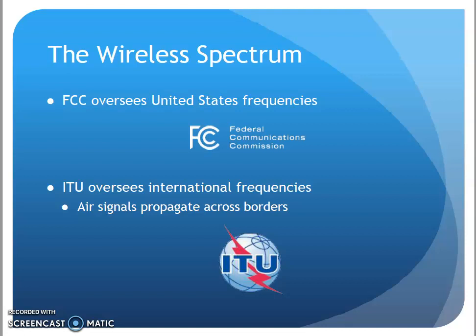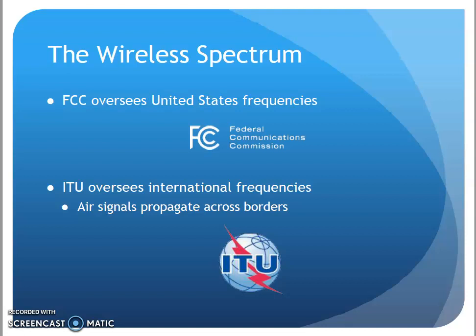Here in the United States, we have the FCC, the Federal Communications Commission, that oversees the wireless spectrum and what gets used in what frequency range. That way you don't have two radio stations broadcasting on the same frequency in the same town. Things like wireless access points use a certain frequency and nothing else is using that, so it's minimizing the chance of interference.